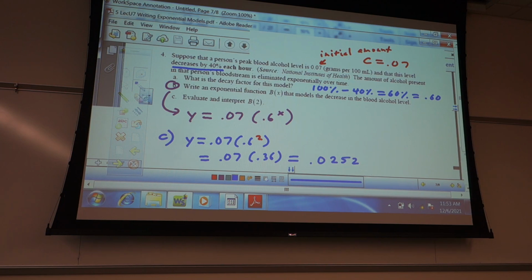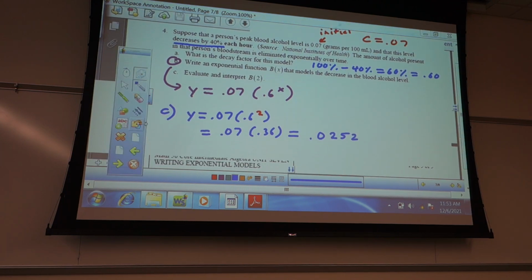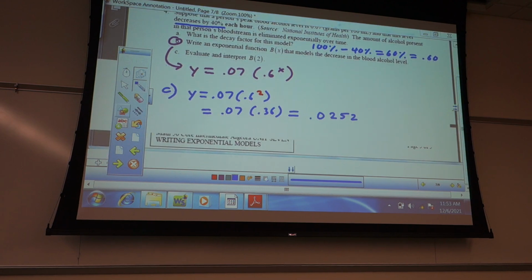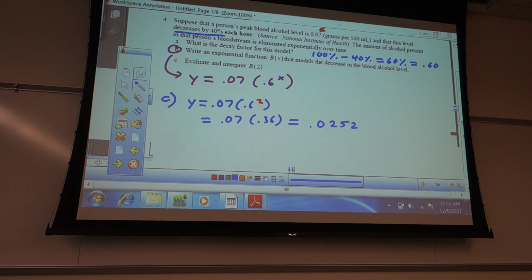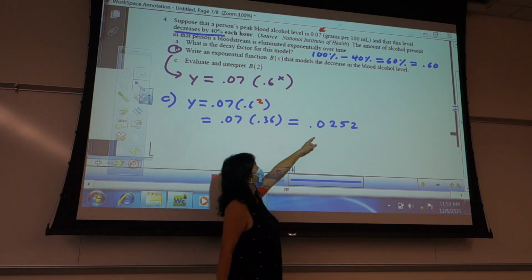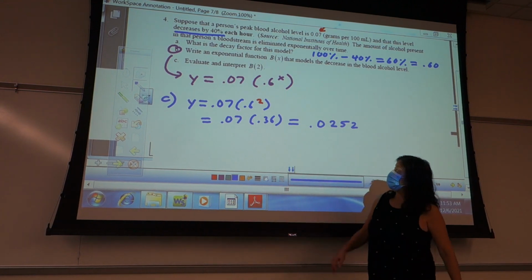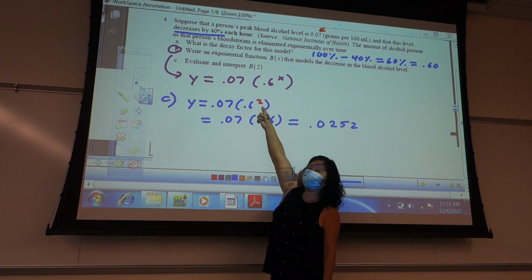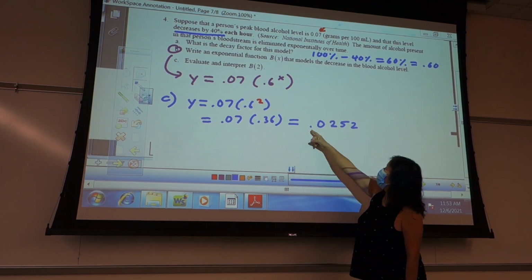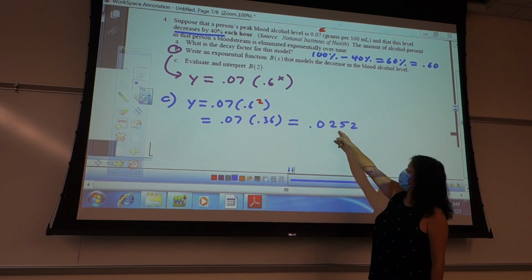Oh, then we have to interpret it. What does that mean? Does that mean that after 2 hours, her blood alcohol level dropped to 0.52%? Great, so 2 represents hours. So after 2 hours. And then y represents your blood alcohol level.